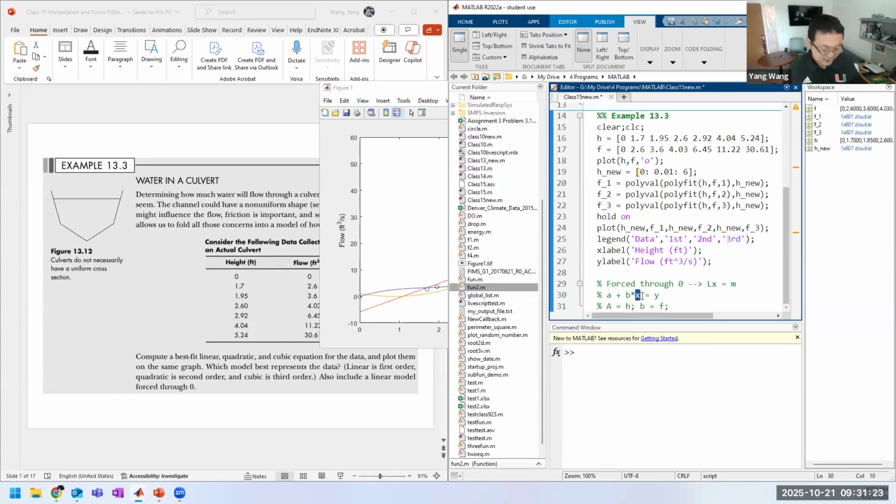The X are the H, and the Y is the flow. So we wanted to find out what is the A and B value.